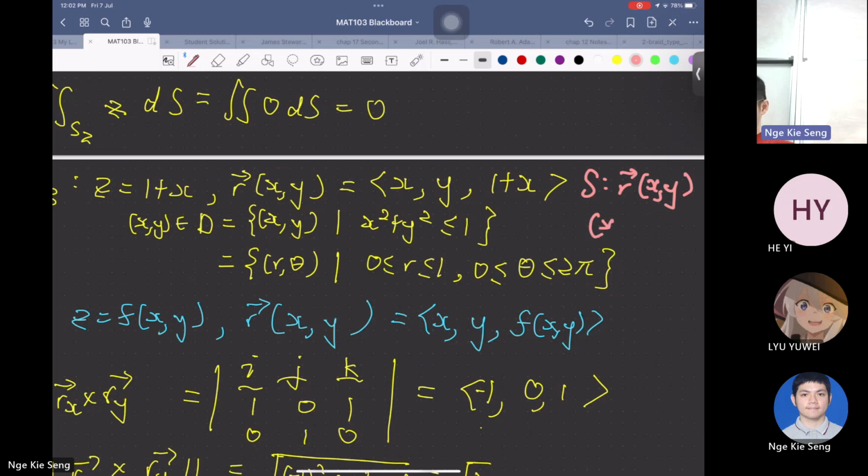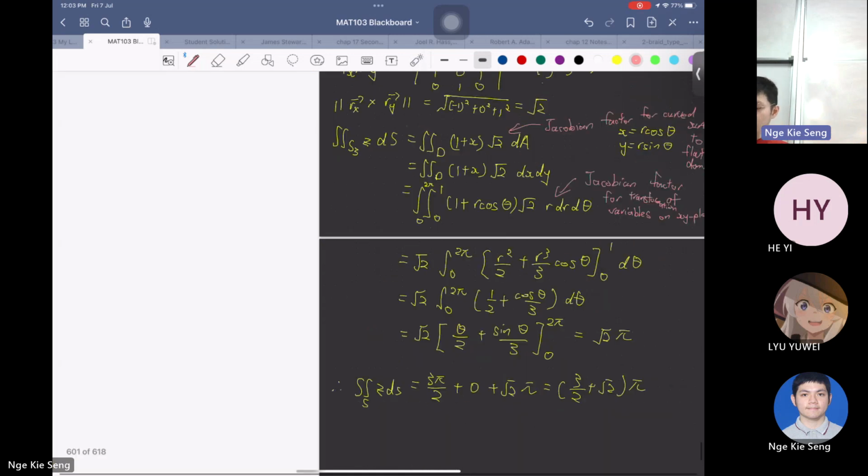This xy is in my domain, and this domain is a flat domain. I start with a flat domain and put it on a curved surface, and then I do integration. So for the integration over the curved surface, I need to move all the way back to the flat surface, and if I move back, I introduce a Jacobian.